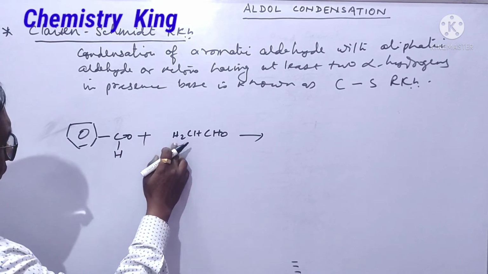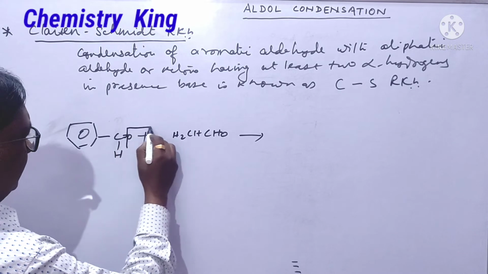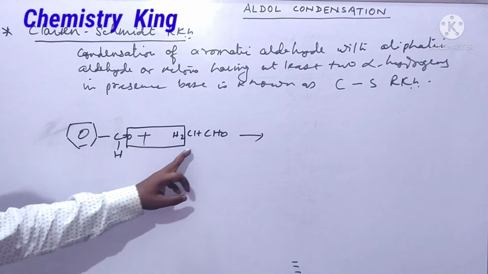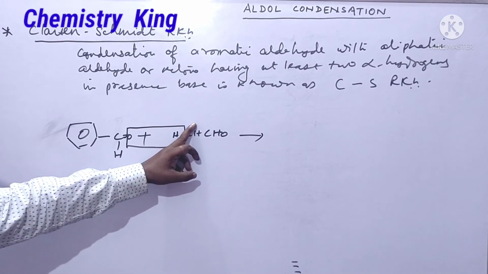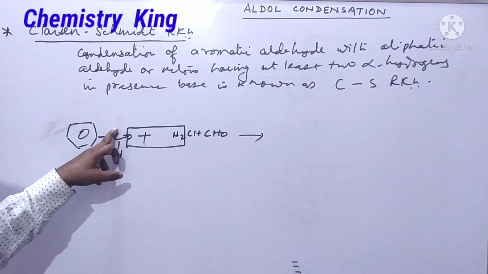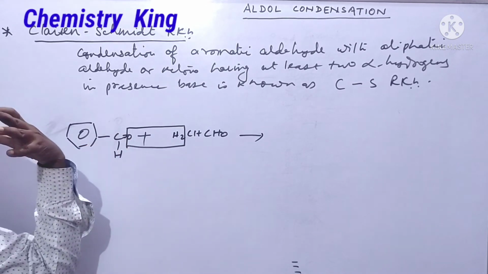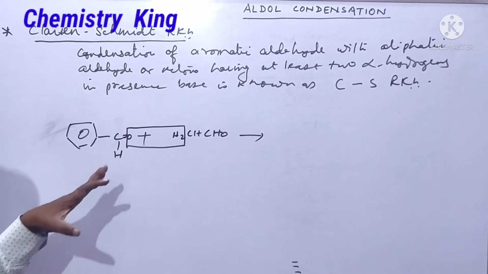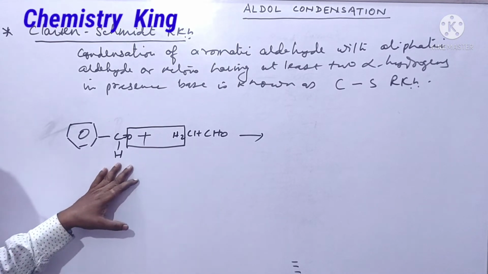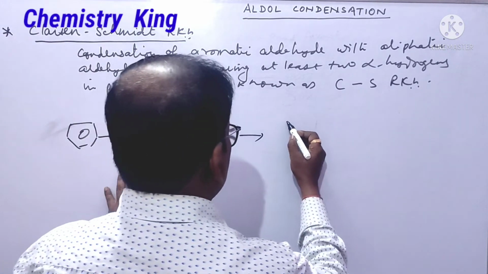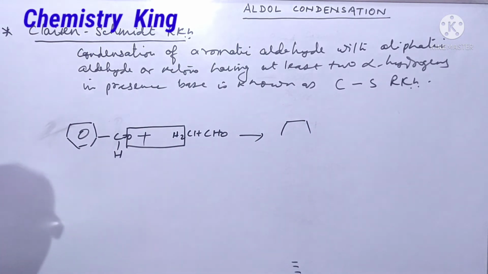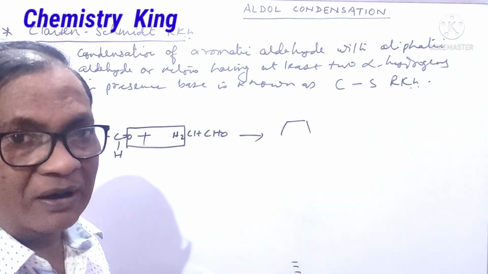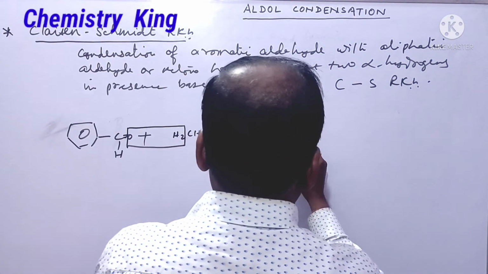The alpha hydrogen of this acetaldehyde will first get converted into a carbanion, that is the nucleophile. Then it will attack at this carbon. Means the mechanism is just like aldol condensation. And again I am repeating that it is cross-aldol condensation. First of all, beta hydroxy aldehyde is formed, then water is eliminated, leading to alpha beta unsaturated aldehyde or ketone.